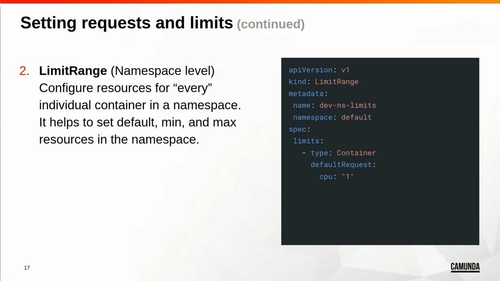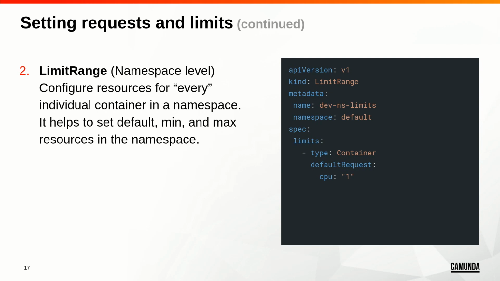Kubernetes provides other ways to set requests and limits, which work on the namespace level. The previous one worked on pod level, but this and the next one are working on the namespace level, which means it will be applied to all pods in the namespace. By using LimitRange, you can set the resource usage for every individual container in your namespace.